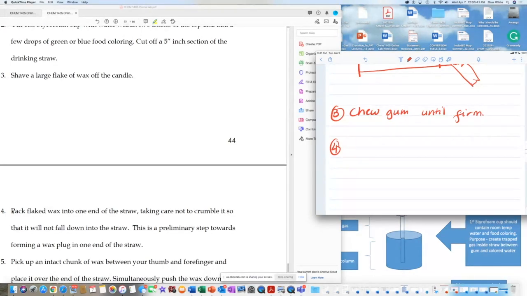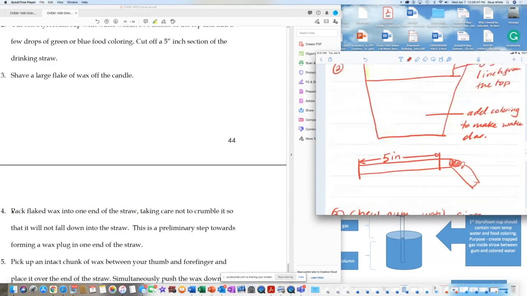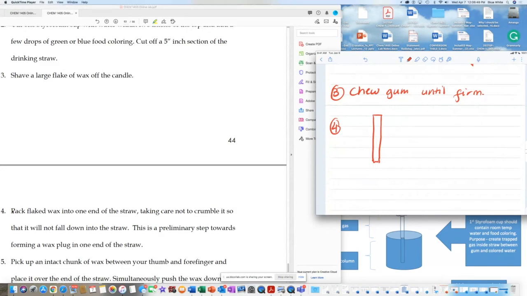So you want to place your straw vertically in your cup, the cup that had the colored water. Hold your straw vertically and place it all the way down, as low as possible.